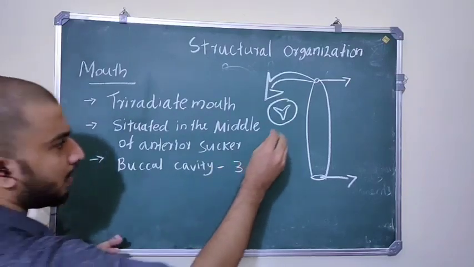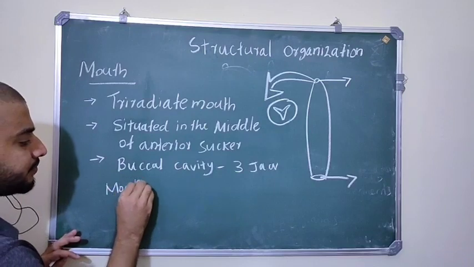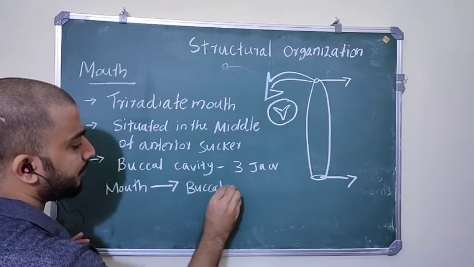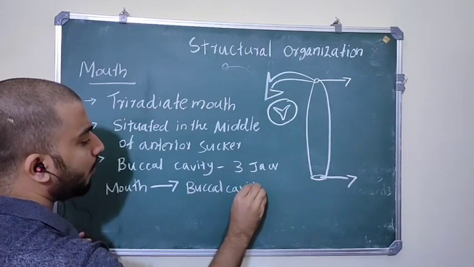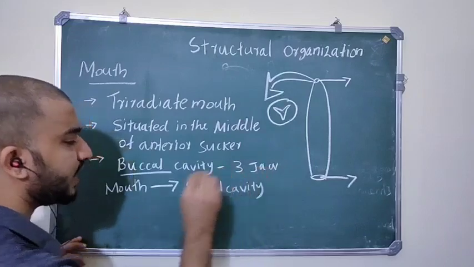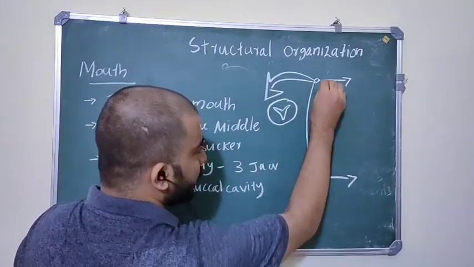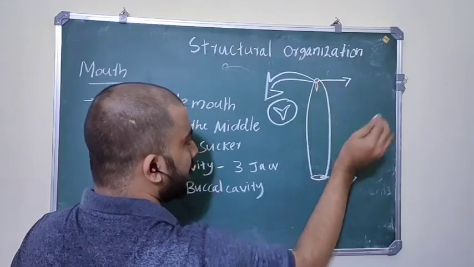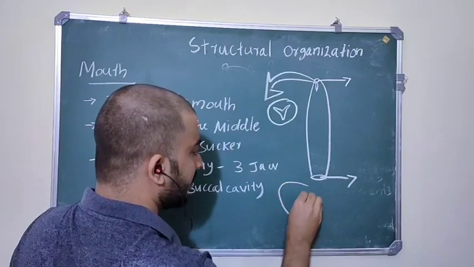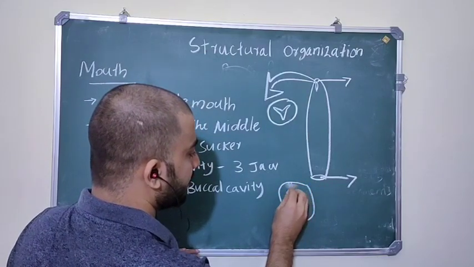This mouth leads to a small buccal cavity, and the body wall of this buccal cavity is provided with 3 jaws. If I draw it like this: mouth, and here is the buccal cavity.